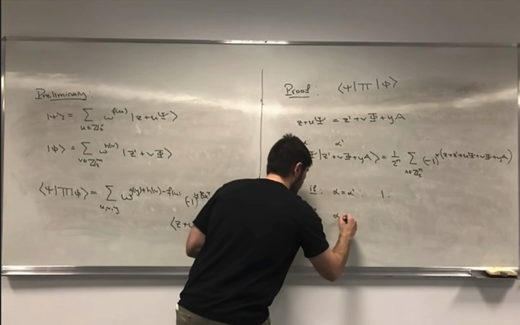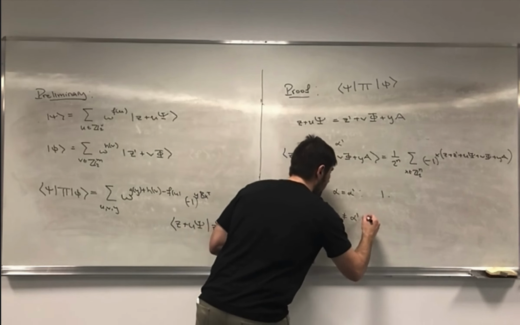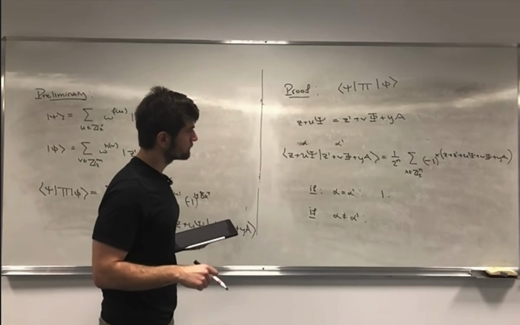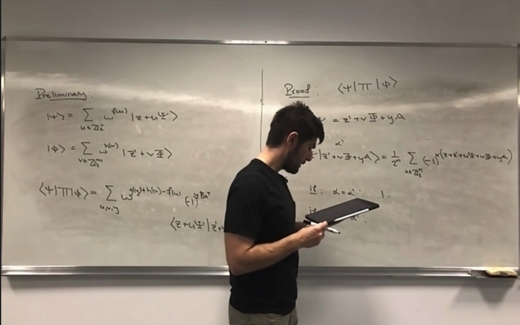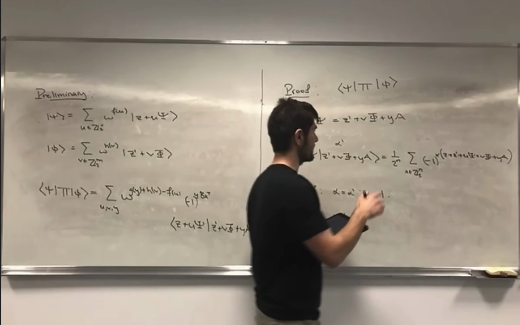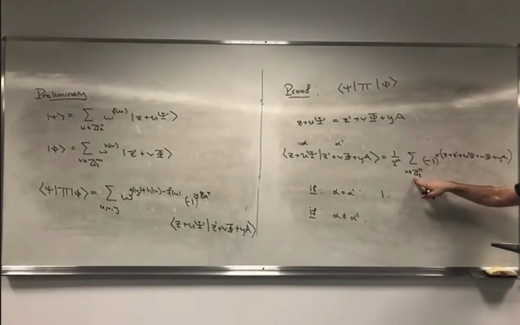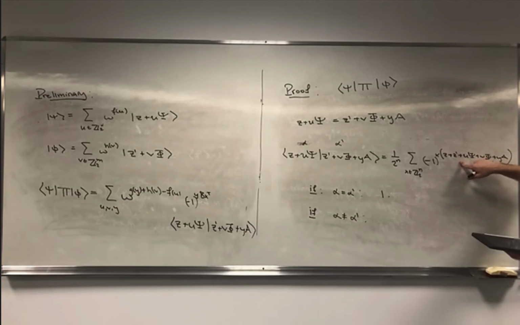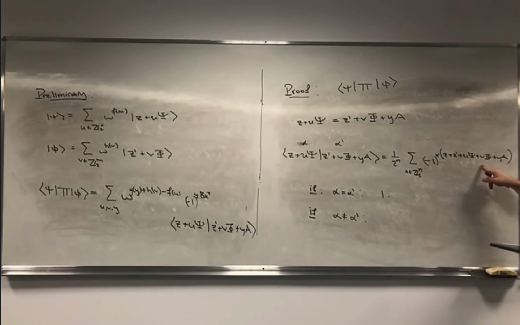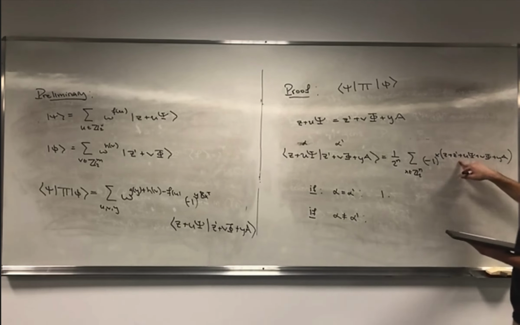If alpha is not equal to alpha prime, what happens then? Then you have that there's an even number of terms here, 2 to the n, and you're summing over. So if I fix the value of this to be some bit string, there will always be an even number of positives and negatives, or sorry, zeros and ones.